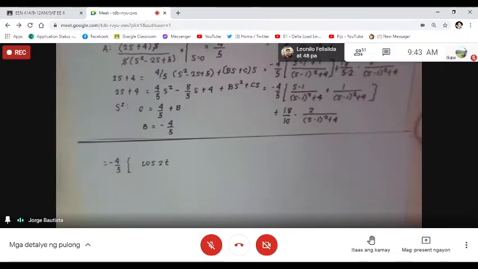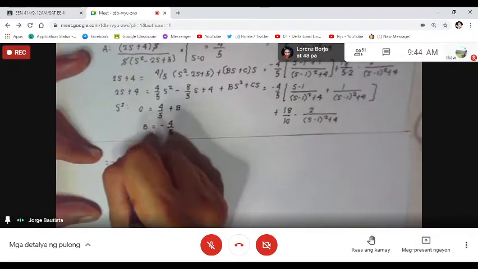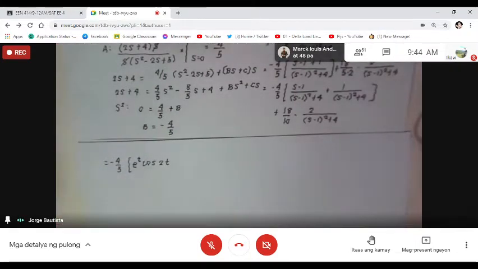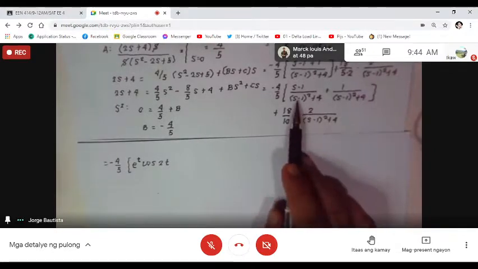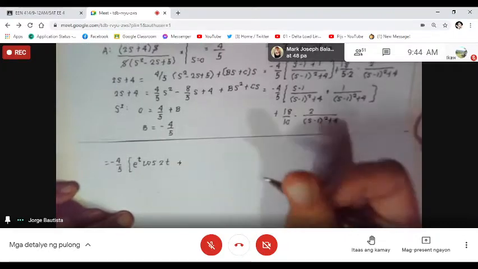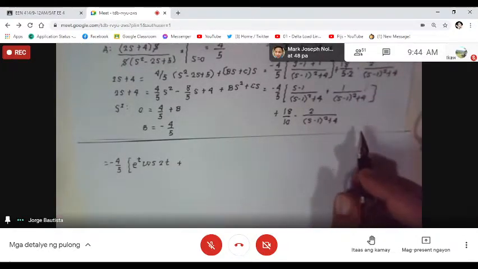Okay? So, paano gagawin natin dyan? Anong ilalagay natin na e, di ba? So, kung negative 1 yan, so e raised to t. E raised to t na lang. Okay? Because of minus 1. Okay? Plus, ito, walang s sa taas, so that is cosine.